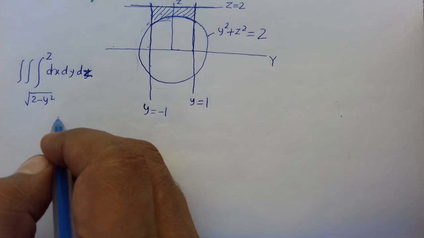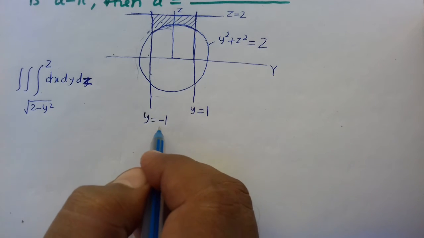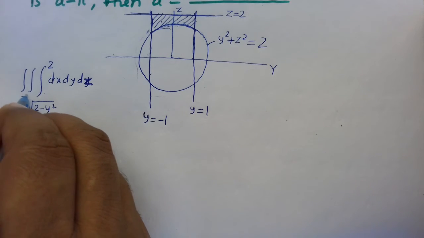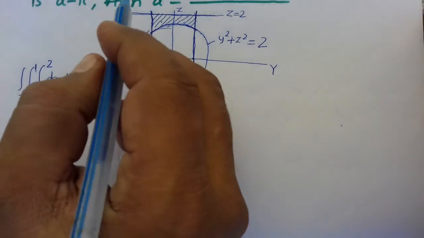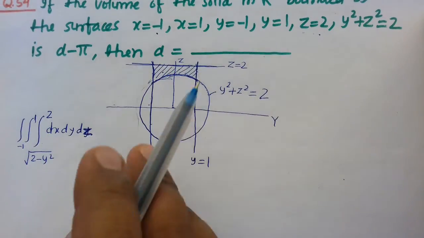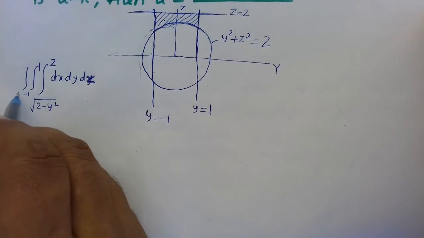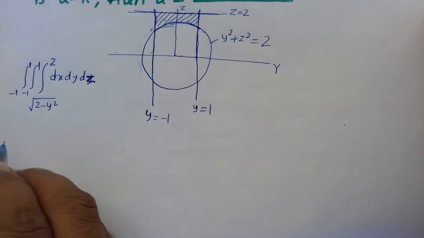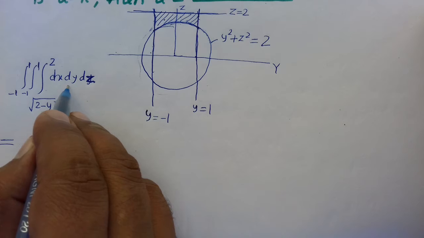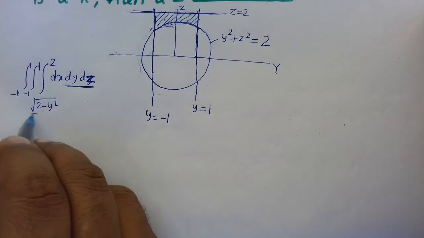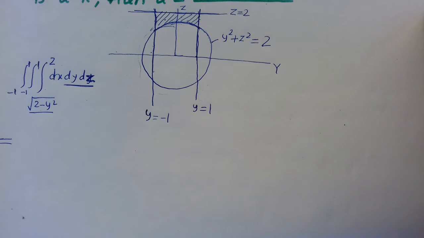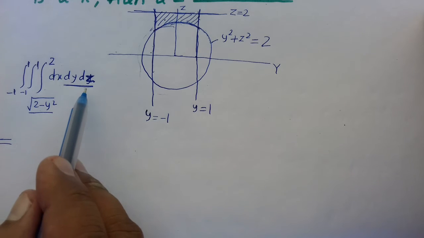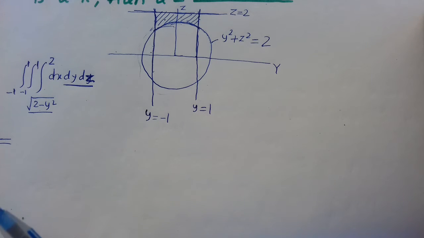Now for y, you see that y is -1 to 1, and x in the question is also -1 to 1. You see that in this dy dz and this lower limit, anywhere you are not seeing x.